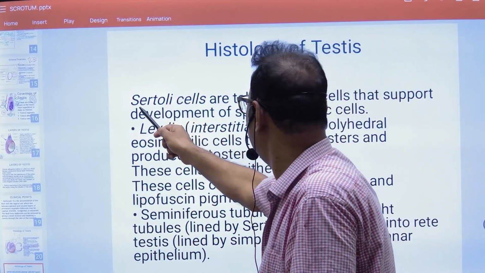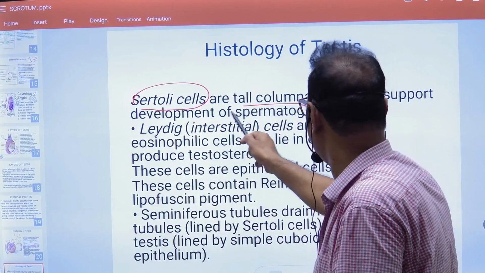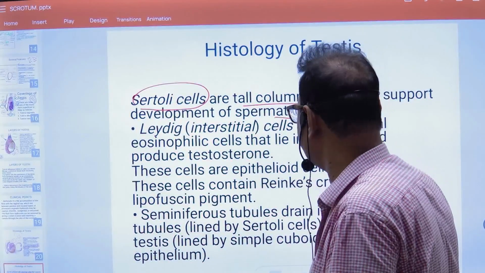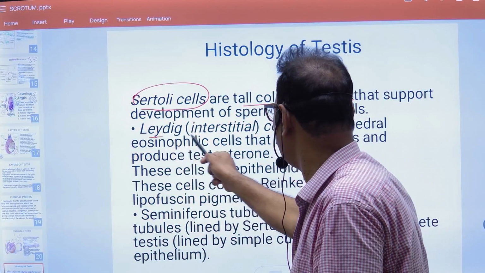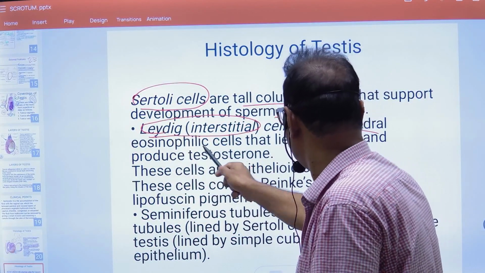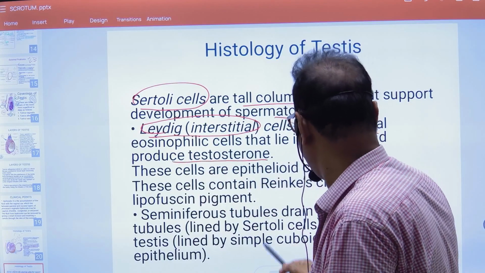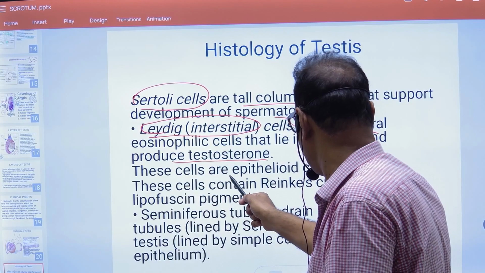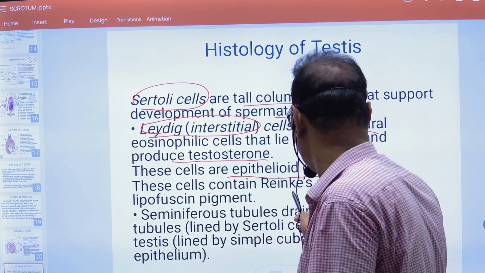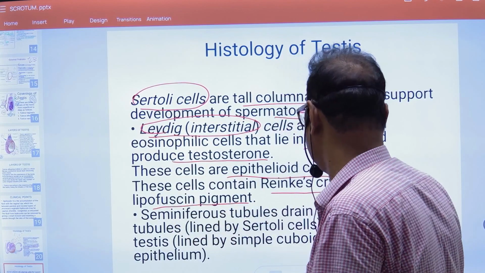Sertoli cells are tall columnar cells that support the development of the spermatogenic cells. Leydig cells, as the name says, are interstitial cells, polyhedral and eosinophilic, that lie in clusters and produce testosterone. These cells are epithelioid and contain Reinke crystals and lipofuscin pigments.